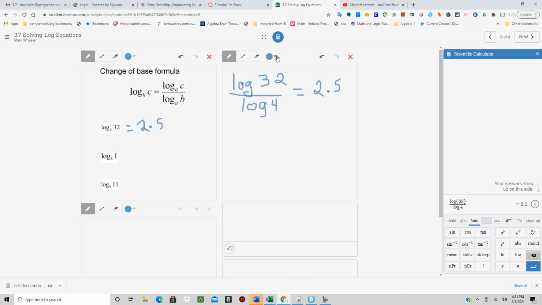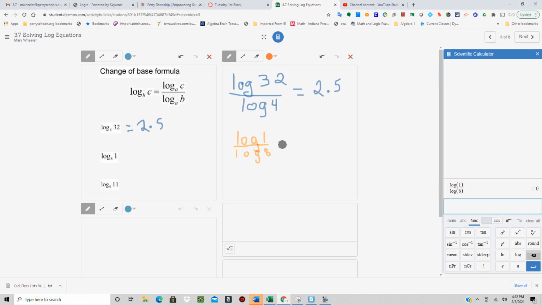On the next one, I'm going to put log 1 over log 8. So over here, log 1 divided by log 8.